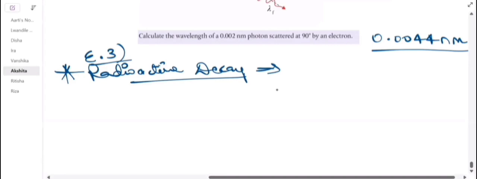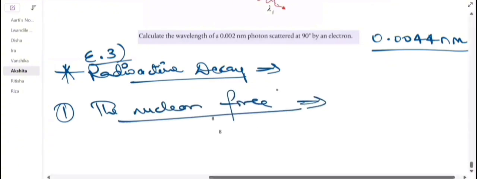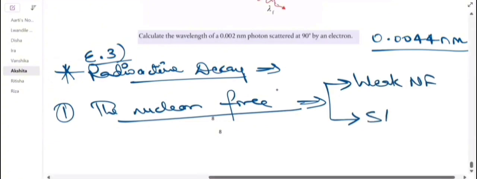So here the very first topic is nuclear forces. Basically, nuclear forces are of two types. The first one is weak nuclear force, then strong nuclear force.